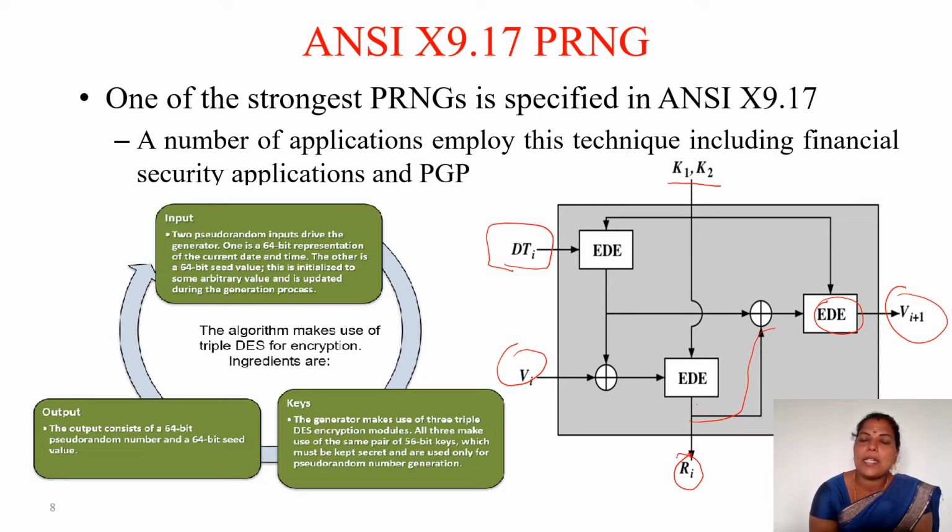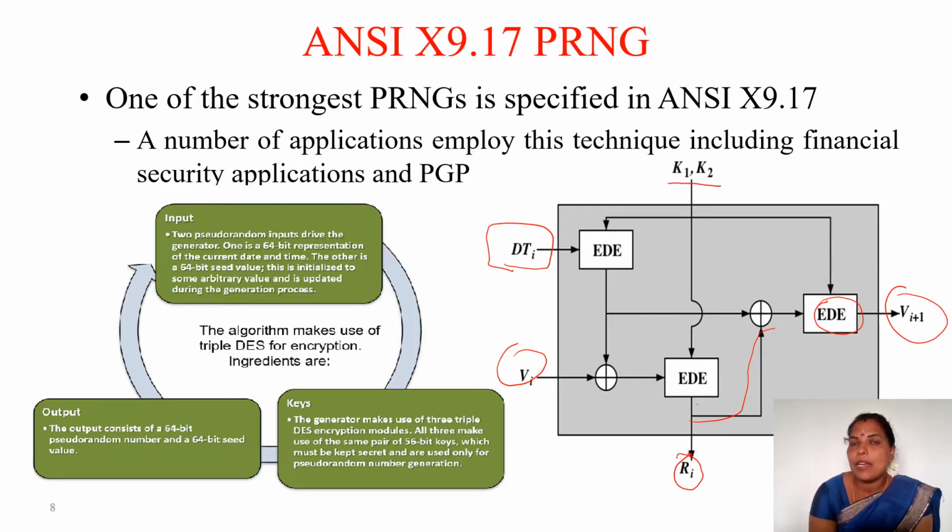In the encryption, what do we mean by EDE? We have applied triple DES, that is, an encryption, decryption, encryption process. That sequence is applied in triple DES, three times. So three triple DES operations are used in this ANSI X9.17 pseudo-random number generator. The input to this is the date and time, that is the entropy source.